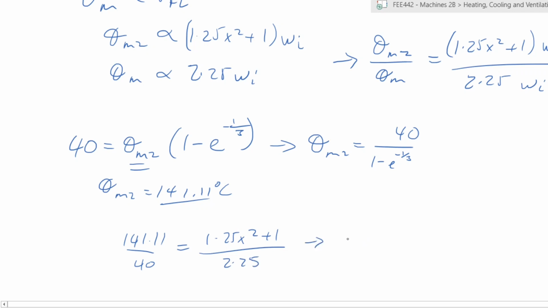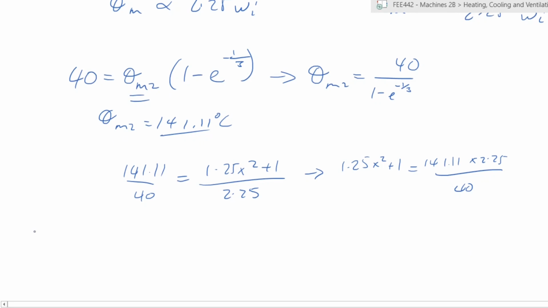This can be rearranged to give us 1.25 x squared plus 1 is equal to 141.11 times 2.25 over 40, which in turn gives us x squared is equal to 141.11 times 2.25 over 40 minus 1 divided by 1.25.